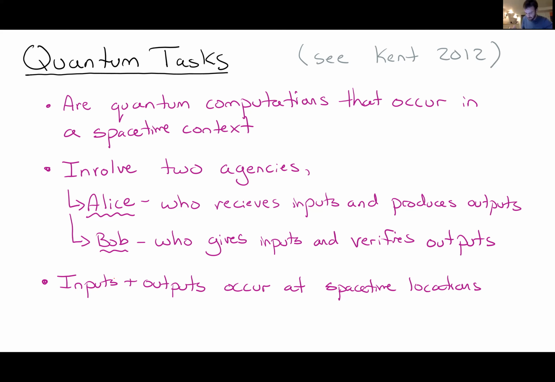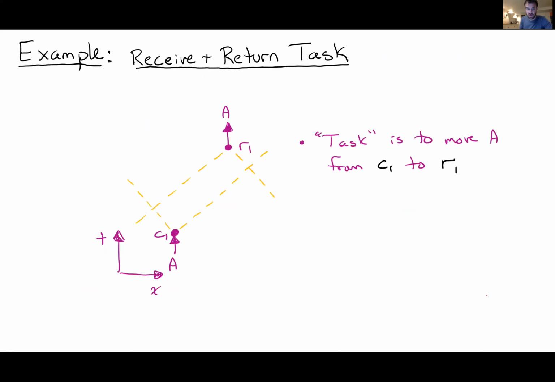What's new here and what's important is that the inputs and outputs occur at specific locations in spacetime. So here's an example of what that looks like. I have a task happening in 1+1 dimensional Minkowski space.